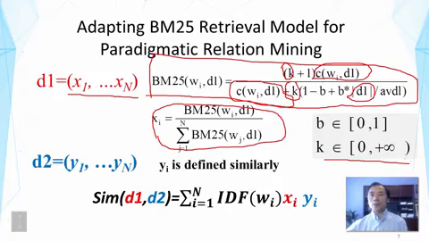So this is one parameter, but we also see there is another parameter here, b, and this will be within 0 and 1, and this is a parameter to control length normalization. In this case, the normalization formula has the average document length here, and this is computed by taking the average of the lengths of all the documents in the collection.